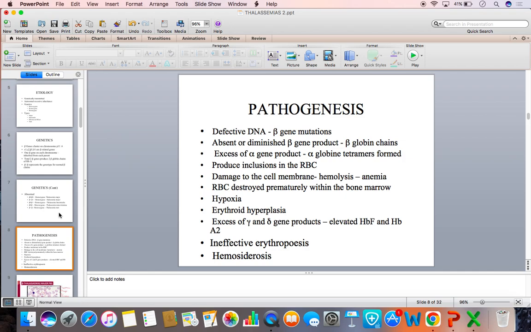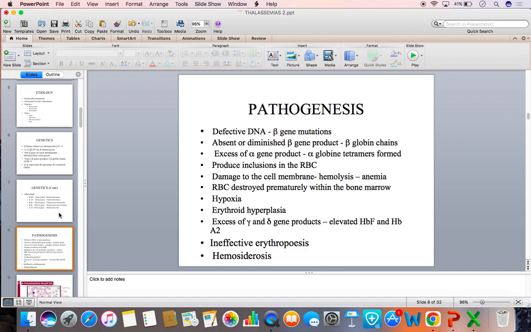So when there is a mutation in the beta gene, there is absent or diminished beta gene product, that is beta globin chain. Well, when there is excess of alpha gene product, that is alpha globin chain, it results in alpha globin tetramers.